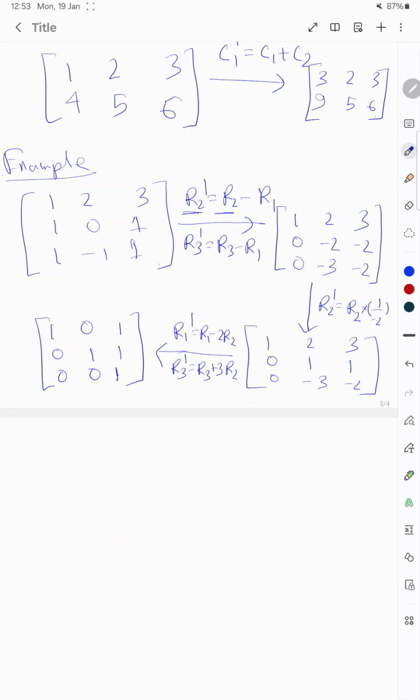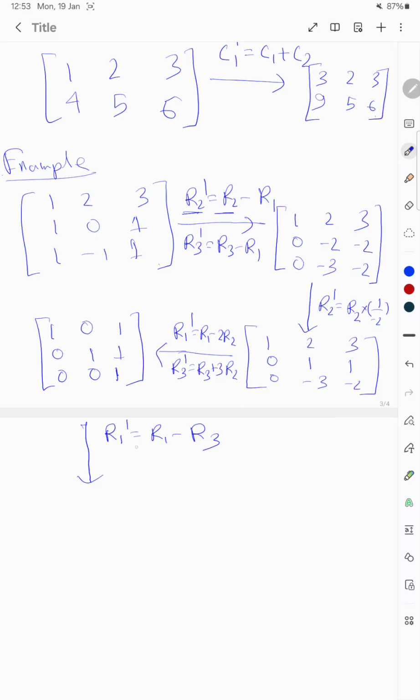Now what you have next, suppose this 1 is as it is, so next operation, suppose we want r1 dash equal to r1 minus r3. So what is our target? This is 1 already. If it is not 1, then we divide that with that number. And above there are some 1. I am trying to make this suppose 0.